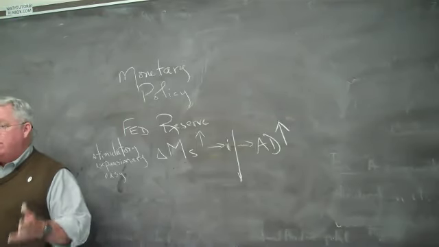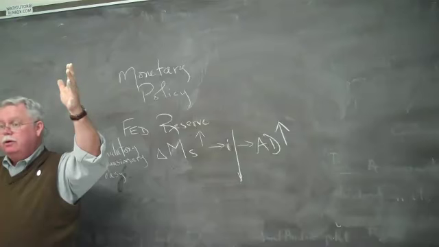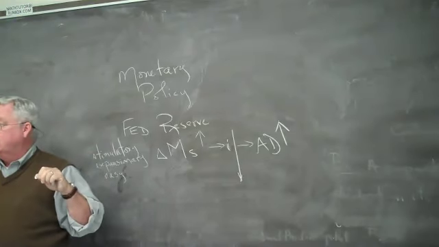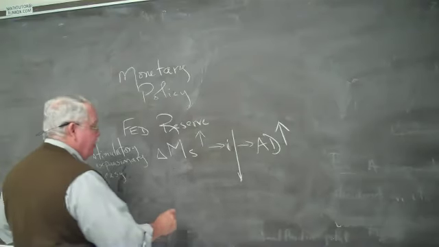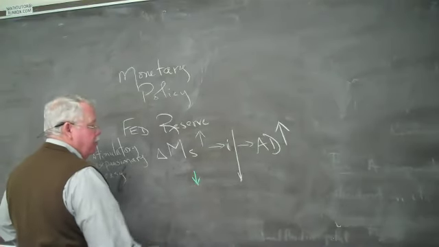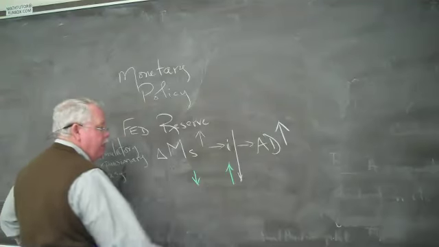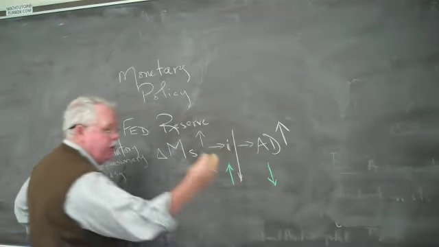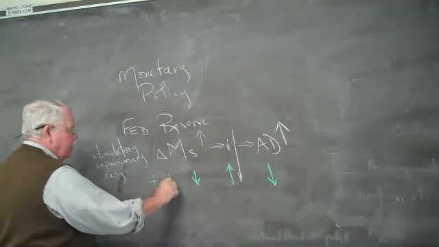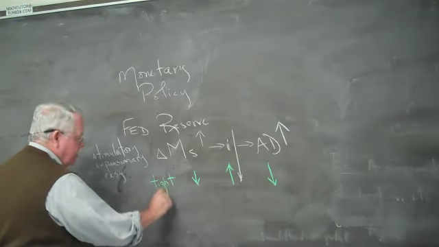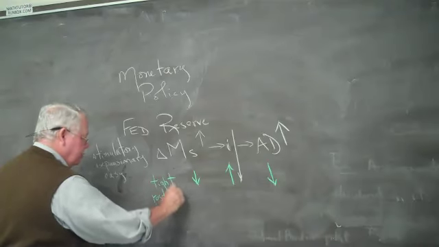If you have an economy with high inflation, what do you do? The opposite. If you've got inflationary problems, you reduce the money supply, which drives up interest rates, reduces spending, and brings down inflation. So this would be called a tight money policy or a restrictive monetary policy.